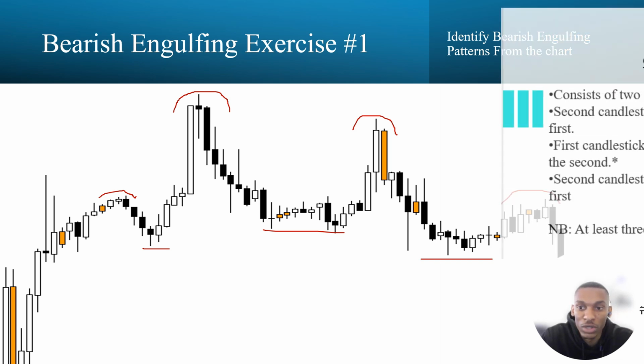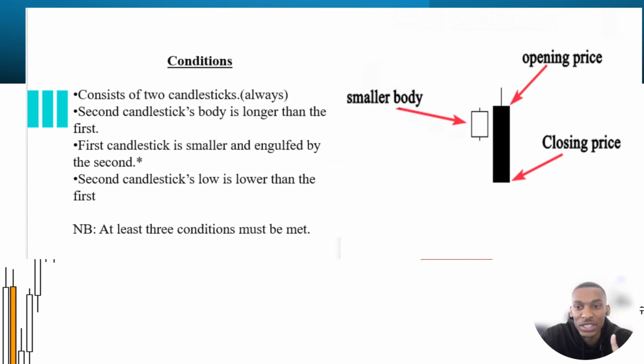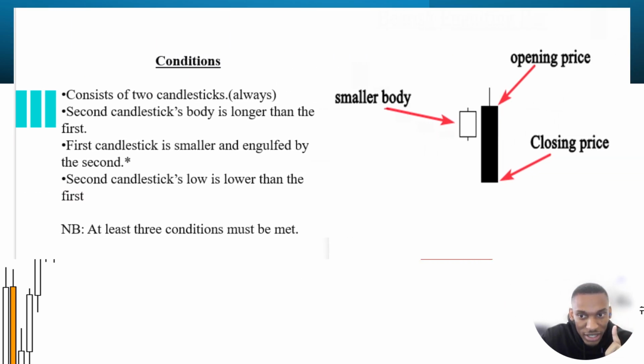So let me just go through the conditions again. One, it consists of 2 candlesticks, always the case. Two, the second candlestick's body is longer than the first one. Three, the first candlestick is smaller and is engulfed by the second one. Four, the second candlestick's low is lower than the first.